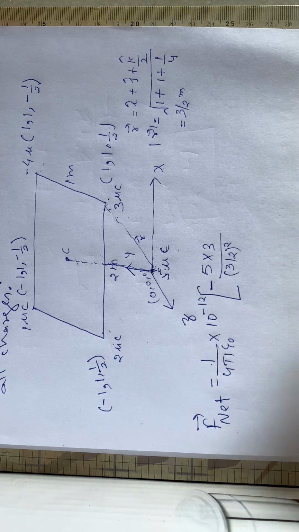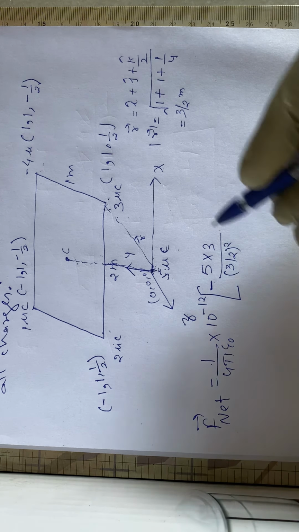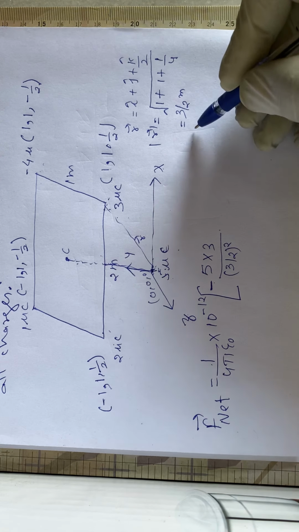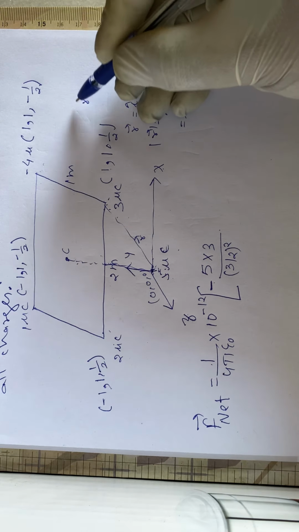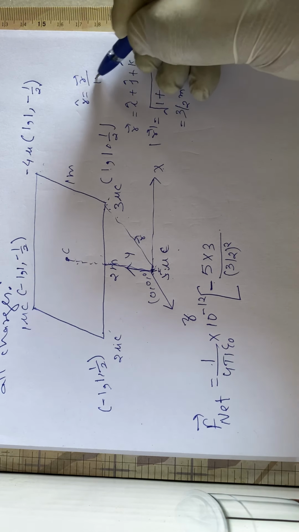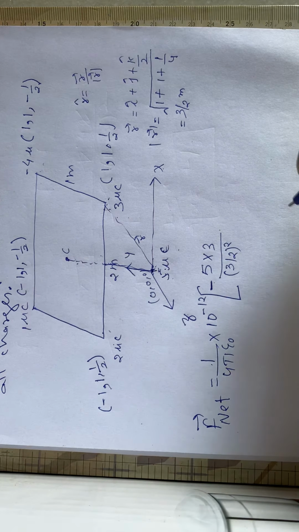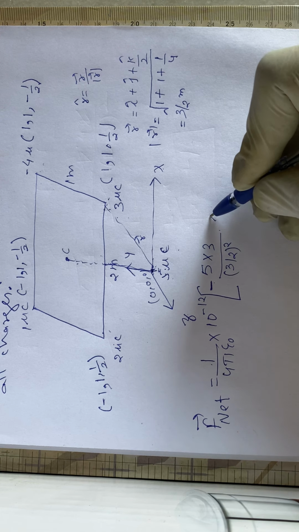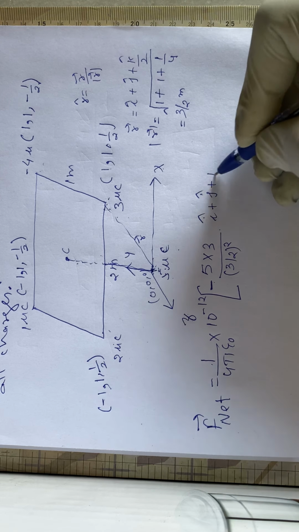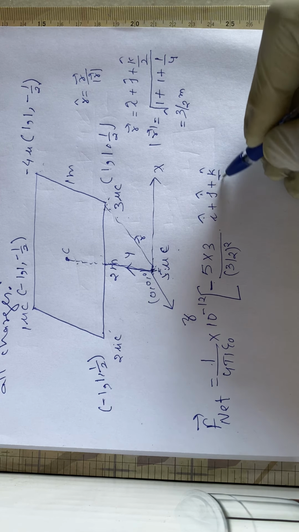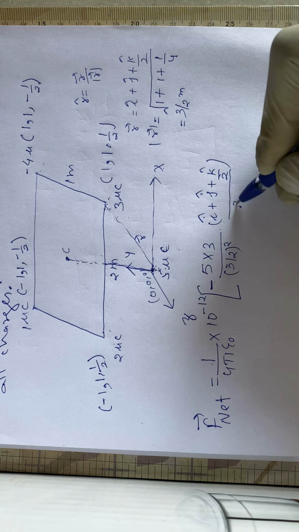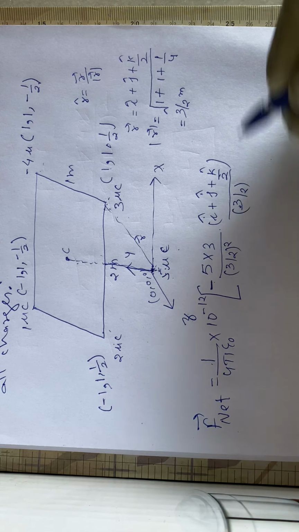Now here we have to write the direction. And how do we write the direction? By the unit vector. And how do we write the unit vector? As we know, the unit vector is equal to the vector upon its magnitude. So it would be i cap plus j cap plus k cap upon 2, upon 3 by 2.